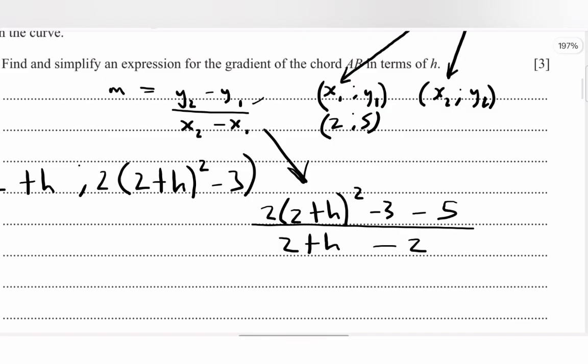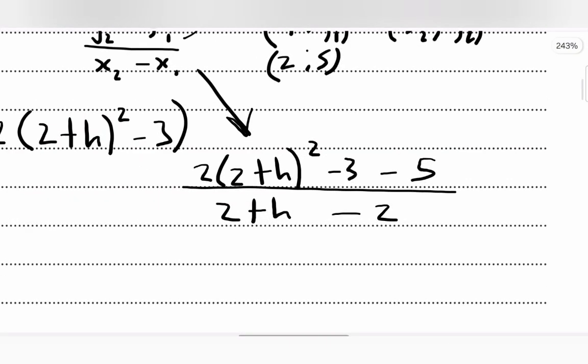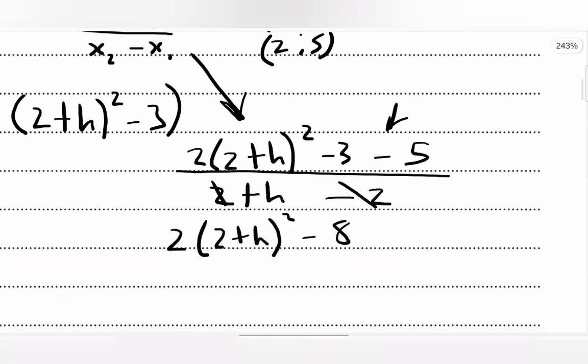And we're going to say 2 plus h squared minus, this is going to give us minus 8. And as you can see, this 2 will cancel out with this one, so we have that over h.